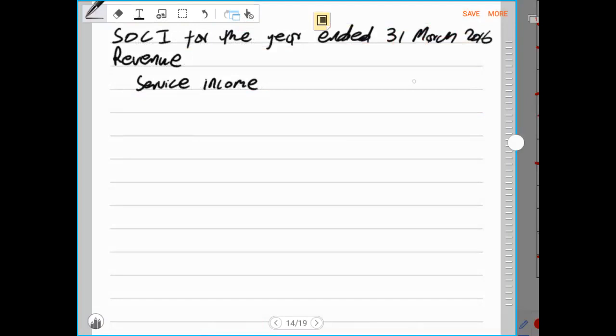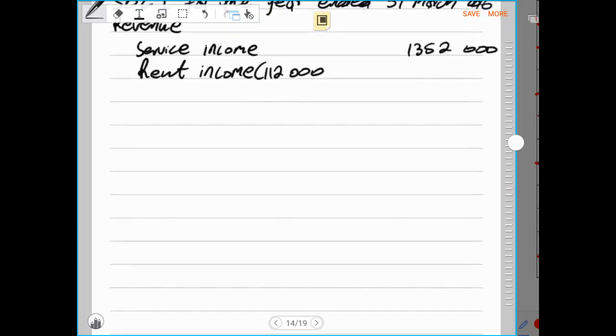Our service income is 1,352,000 rands. Then we have rent income, which appears to be 112,000 rands. So now I just record all the amounts that are to be recorded in the income statement as they are given in the trial balance before adjustments are taken into account.